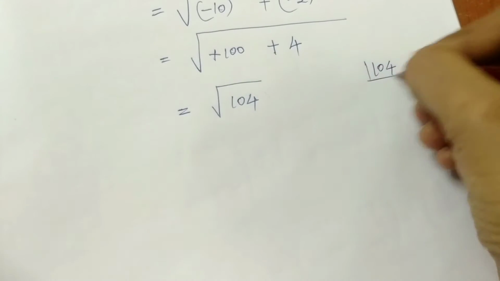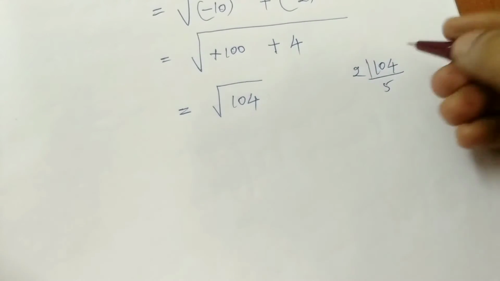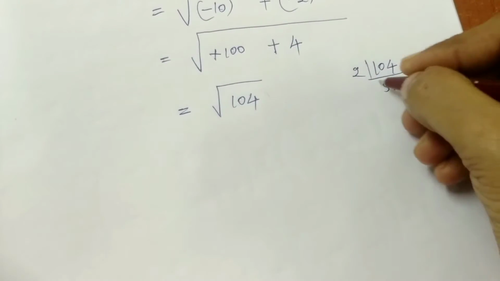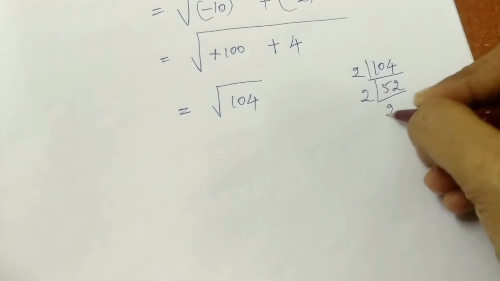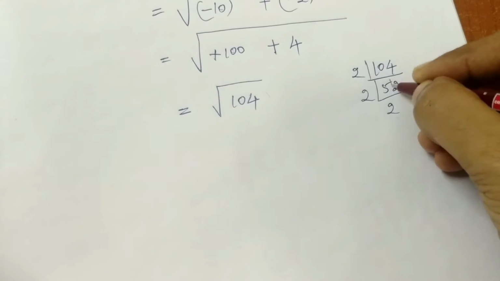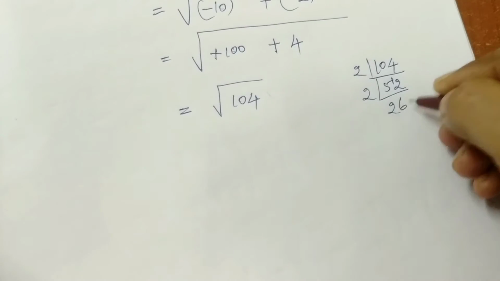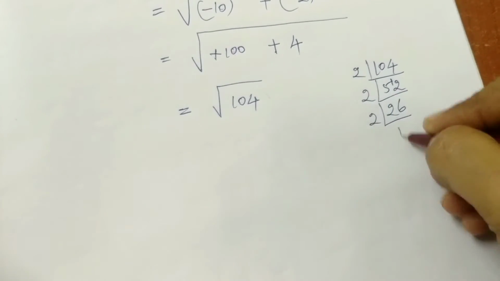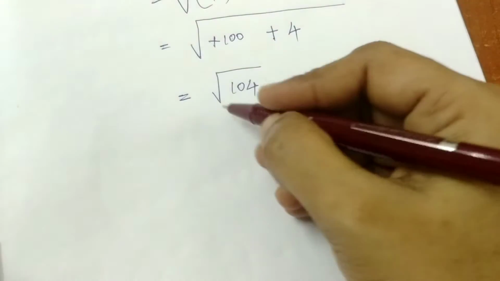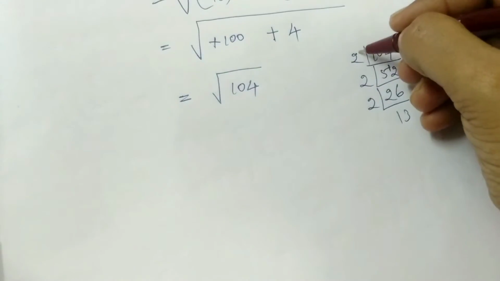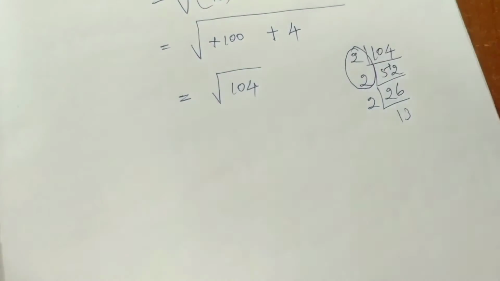Now we have to simplify this 104. Factorize this 104. 2 table, 2 fives are 10, 2 twos are 4. Again 2 table, 2 twos are 4, remainder 1, 12, 2 sixes are 12. Again 2 table, 13. And then in the square root we have to take a pair of numbers.